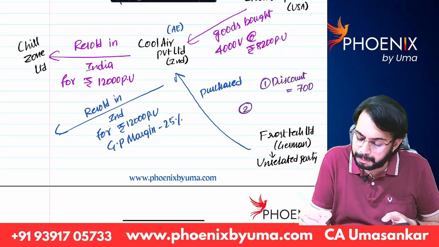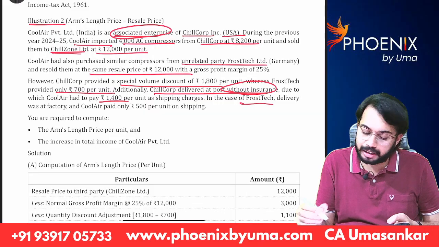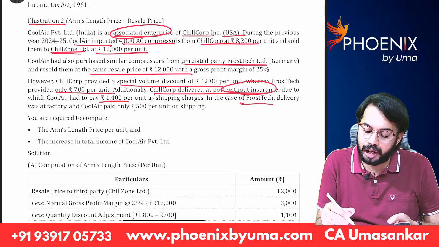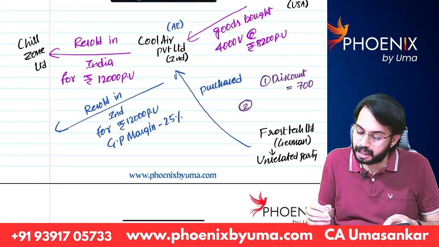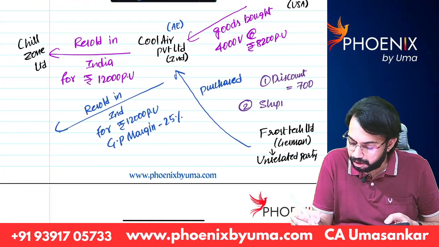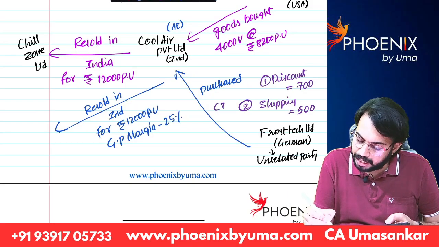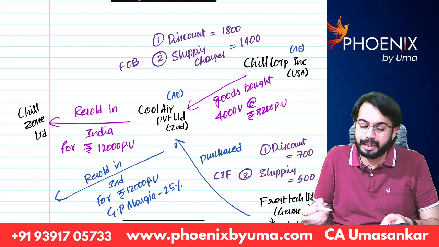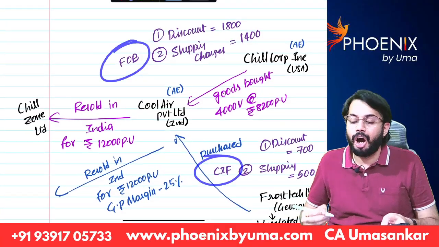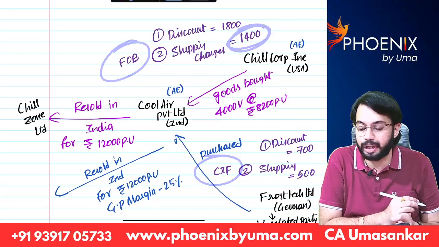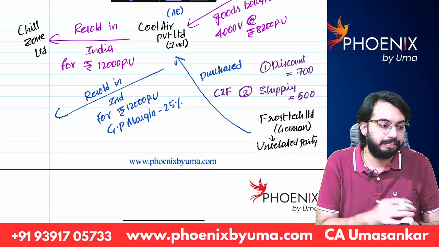In case of Frostech, delivery was at factory, and Cool Air paid only 500 per unit on shipping. So shipping charges are 500, and this is based on CIF basis. So one is based on FOB, another is based on CIF. On FOB, freight charges are 1,400. On CIF, freight charges are 500. Okay.